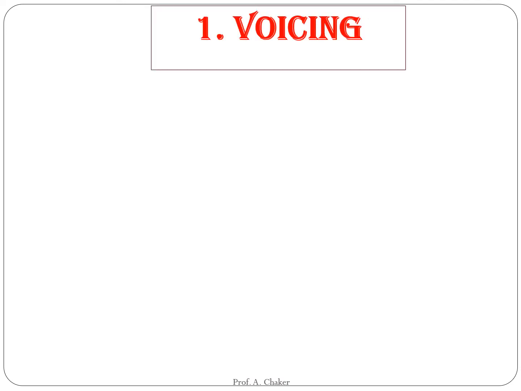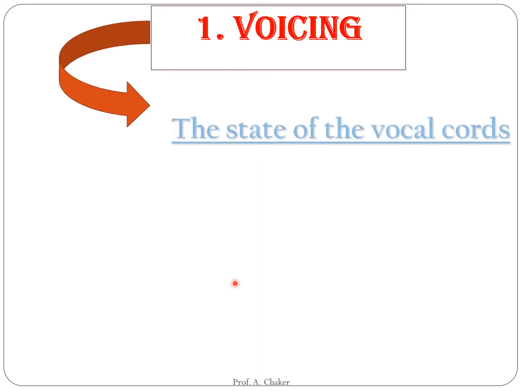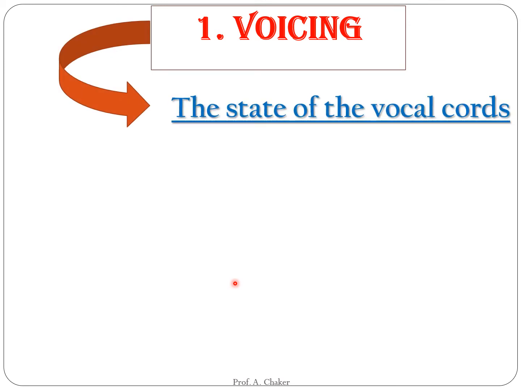The first point used to describe a consonant sound is voicing, which refers to the state of the vocal cords. What is the state of the vocal cords like when air passes through them? Do they vibrate or not?